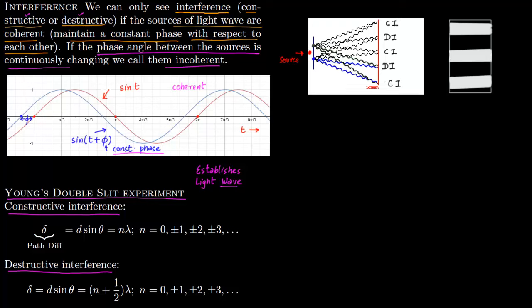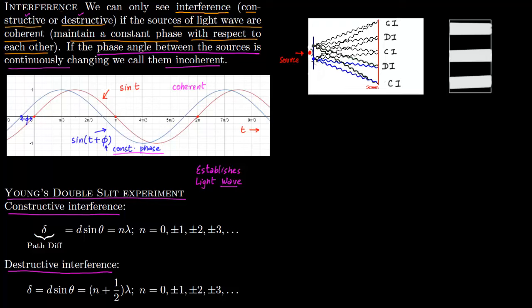So there are two slits. You have a light source that could be like a sodium bulb, so that you have a monochromatic light source. That means light with a single wavelength. And then this light source goes through two slits.